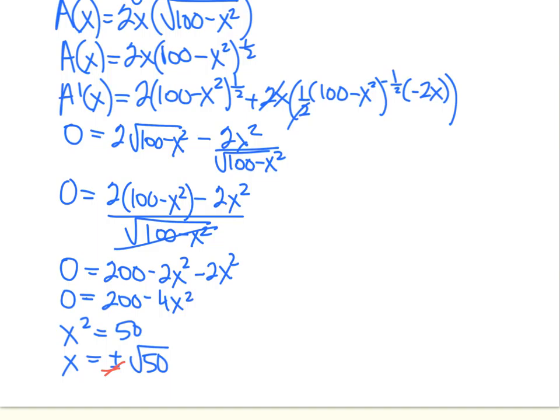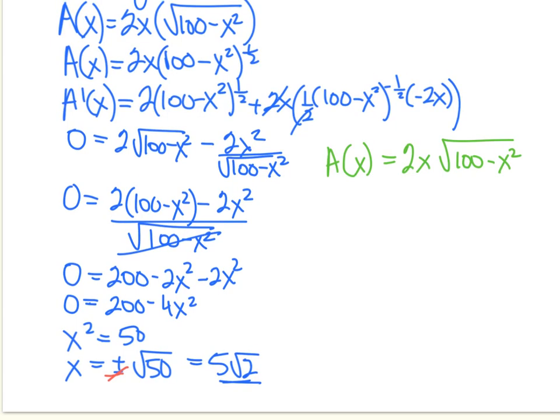Now positive root 50 can be rewritten as 5 root 2, right? Because 25 times 2 is 50, so we're going to pull out the root 25, which is 5, and then we're left with 5 root 2. So that is our final x answer, so we need to plug that in to figure out what our area is going to be.